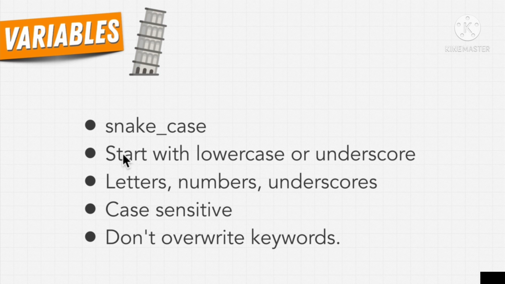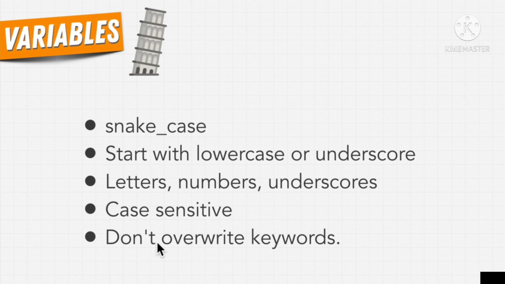But remember, they have to start with a lowercase letter or underscore. That means we can't start a variable with a number. They're also case sensitive. That means if I create a variable, but let's say this snake case, this variable has a capital E instead of a lowercase e, that'll be a different variable. And then finally, you can't overwrite keywords.